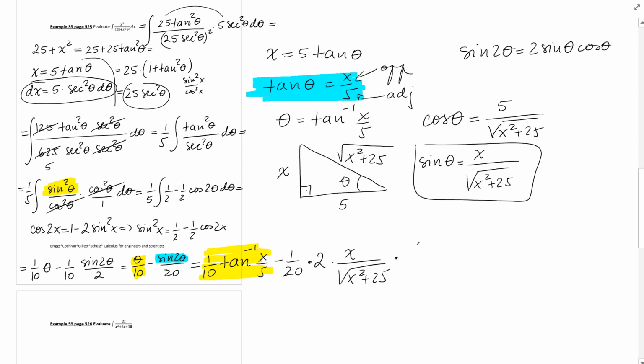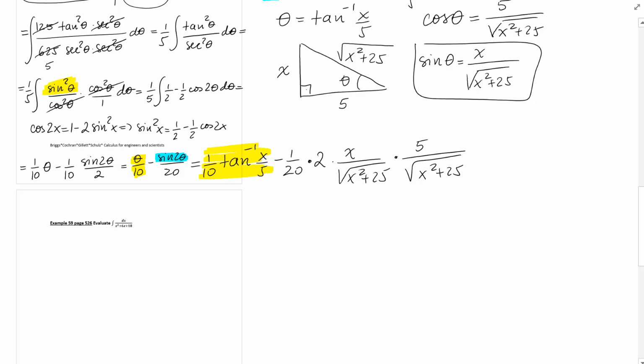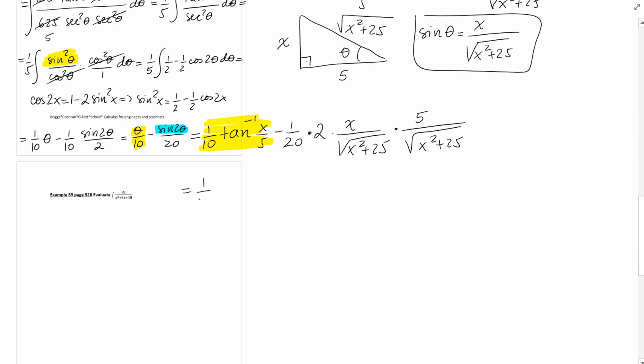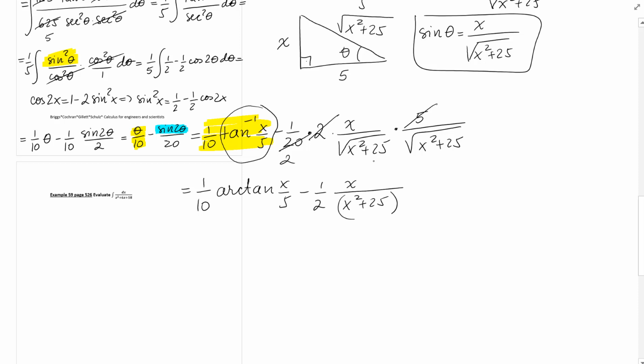So times 5 over square root of x squared plus 25. So I can do a little bit of math here and get 1 over 10 arctangent of x over 5, right? Tangent to negative 1 or arctangent is the same thing. 2 times 5 is 10, so divide by this is 2. So minus a half x over x squared plus 25, because square root times square root is no more square roots, plus c. I hope this helped.